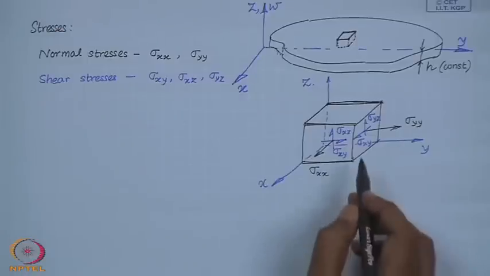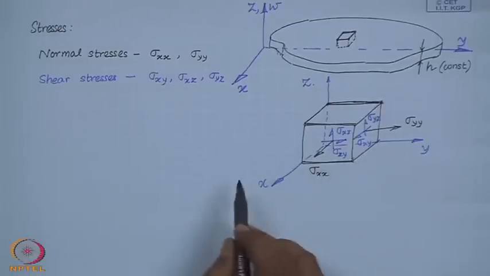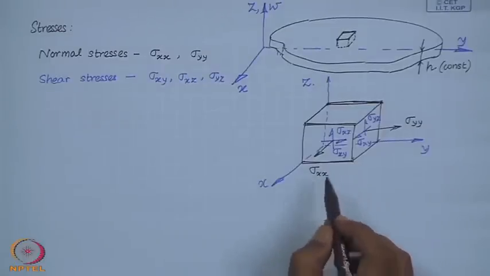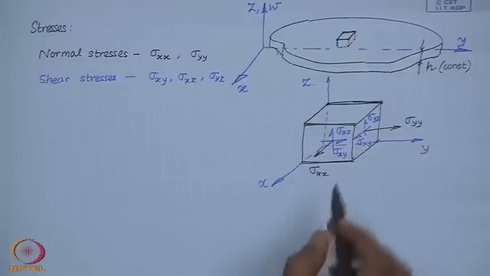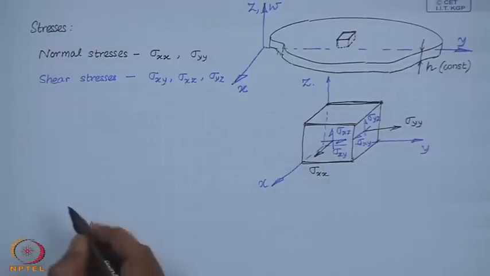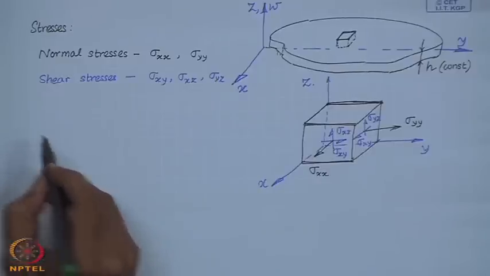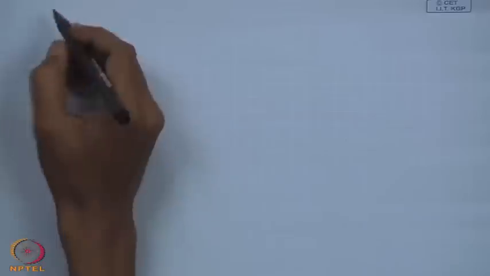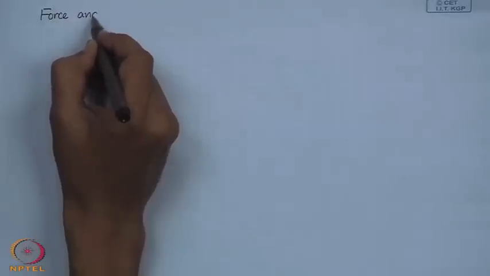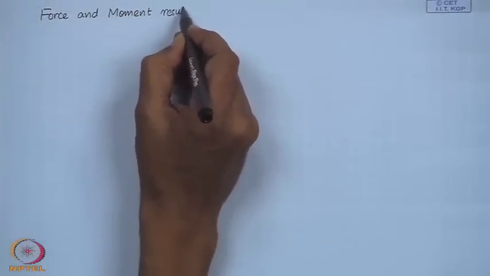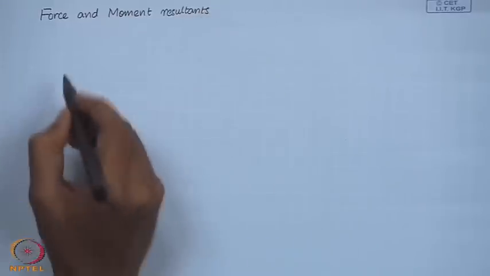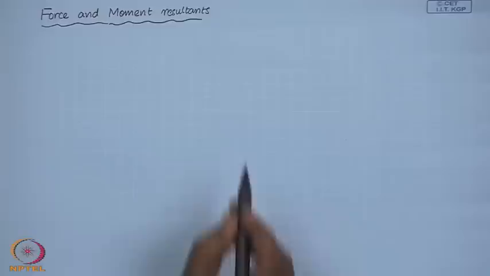Now, when we want to construct a theory in 2 dimensions, we integrate over the thickness of the plate, and we define what are known as the force and moment resultants, also known as the stress resultants.